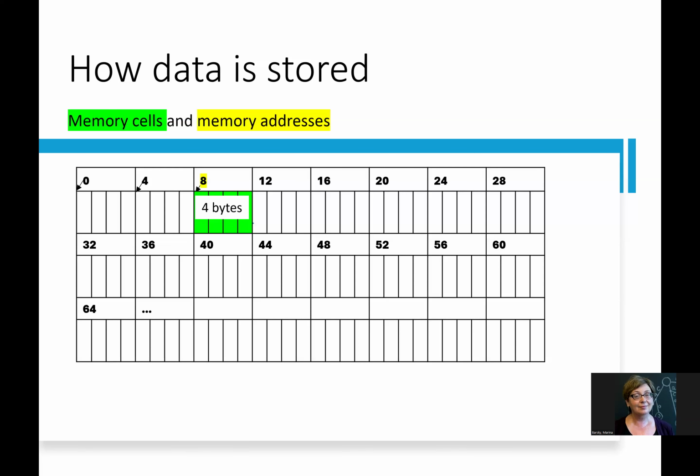Each memory cell contains 1 byte of data. The cell has its own name or address, normally expressed as a hexadecimal number, but we will use decimals here for simplicity of explanation.